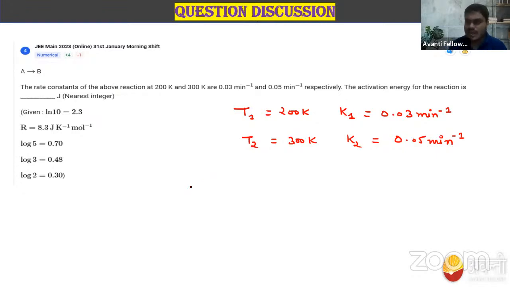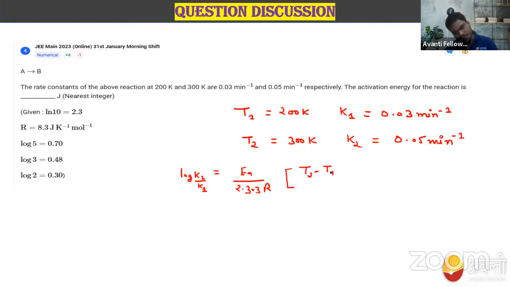So we know the formula now. How will you calculate the activation energy if we have different temperatures and rate constants? Yes, log K2 by K1 is equal to Ea upon 2.303 R, into T2 minus T1 divided by T2 into T1.